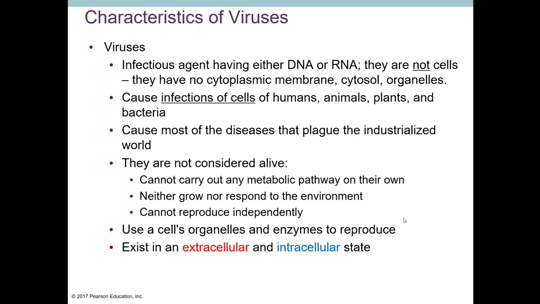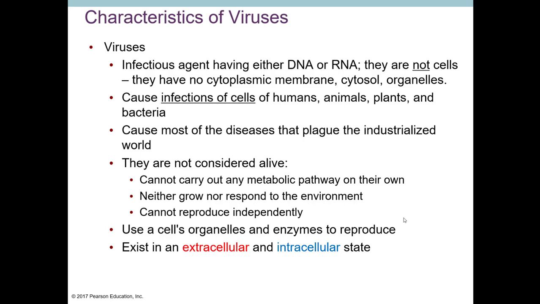Basically, a virus is a chromosome surrounded by a protein protective layer or compartment. And then some viruses also, in addition to that, have a membrane, but we don't call it a plasma membrane. We call it the viral envelope.